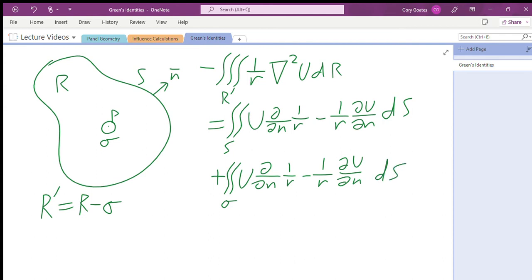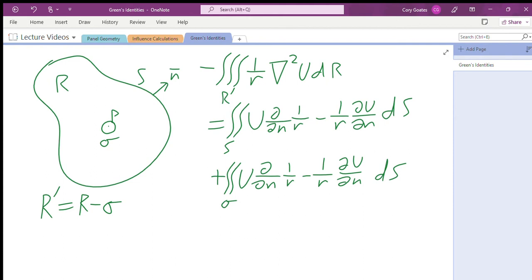Now you might be saying, wait a second, shouldn't we be subtracting that since we've removed this sphere from R? Well, no, because we've defined that n is pointing outward from R prime, it's going to point into sigma, and it's going to take care of that sign difference for us there, okay?